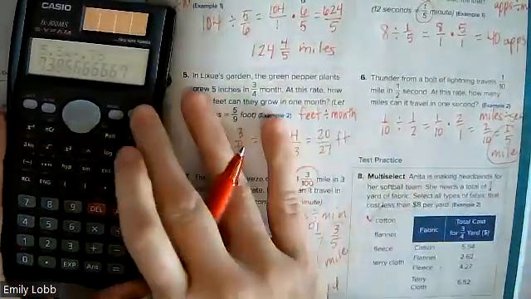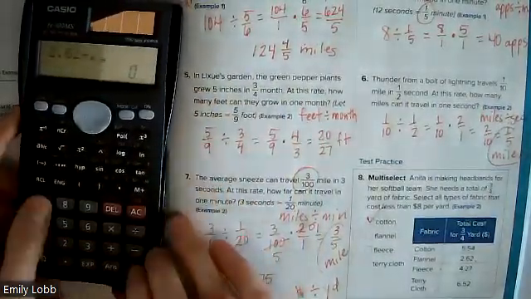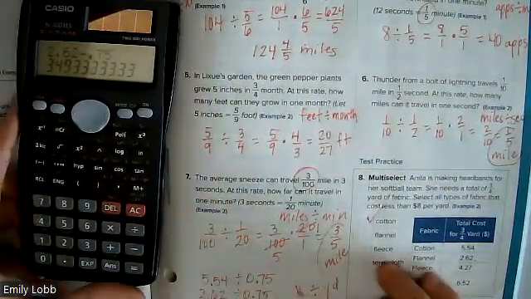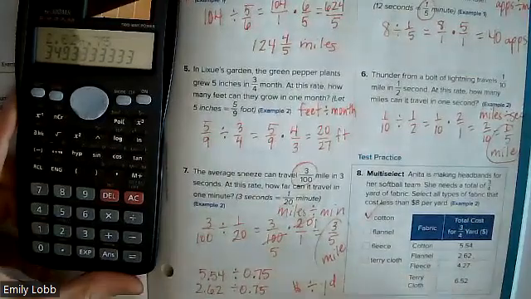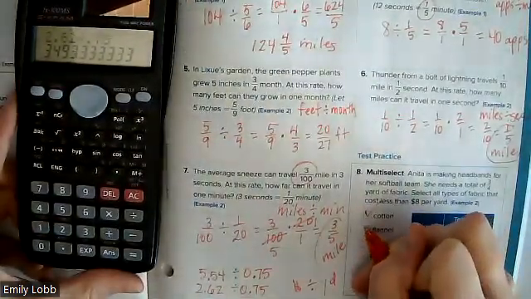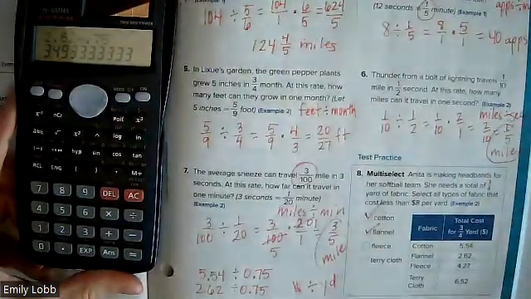We're looking at flannel. We're going to take 2.62 divided by 0.75. So this is less than $8, of course.